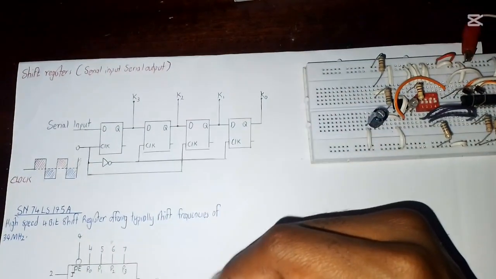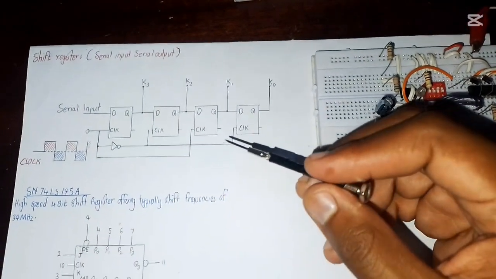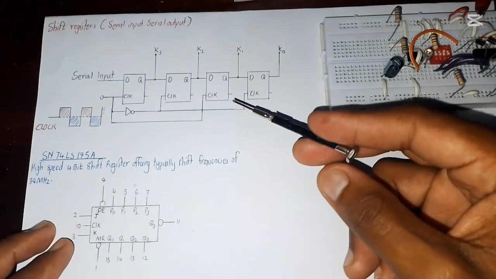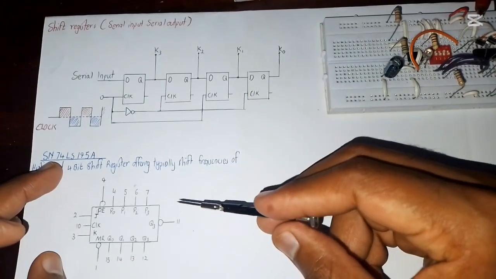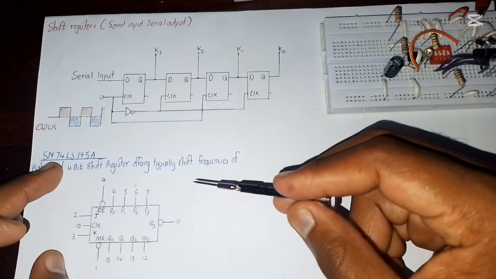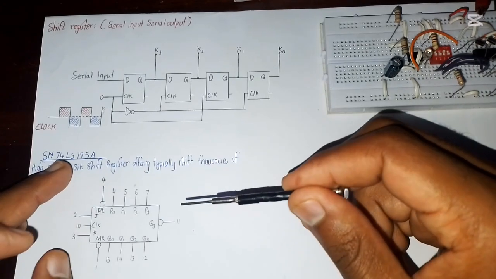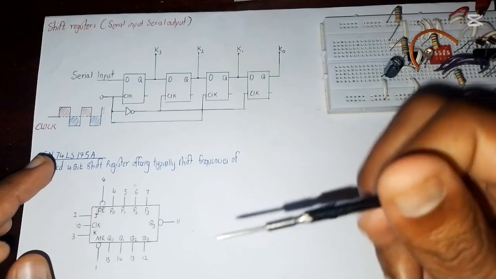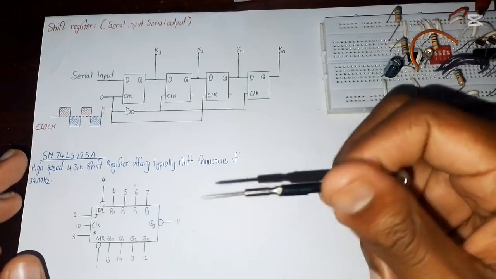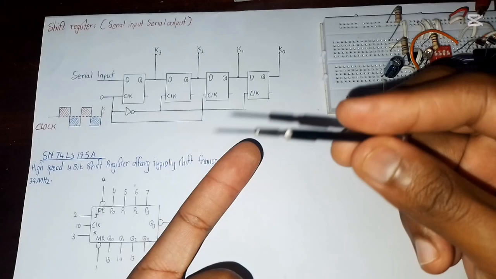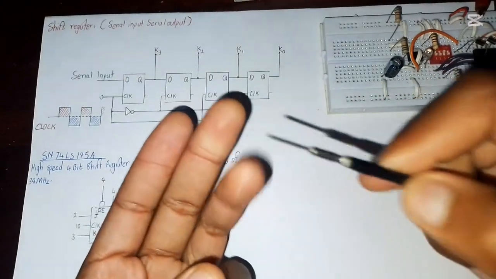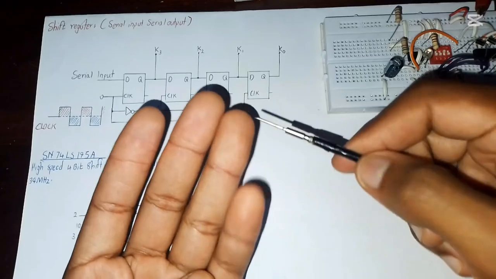So for the 4-bit serial input serial output, I'm going to demonstrate that using an IC. This is an integrated circuit called 74LS195A. It's a general purpose shift register, because it can do serial input serial output, parallel input parallel output, parallel input serial output, and serial input parallel output.